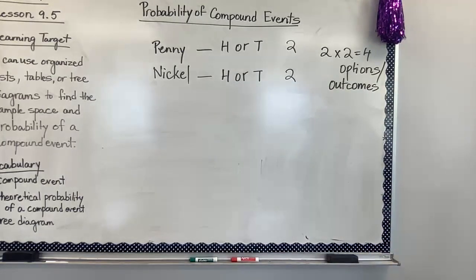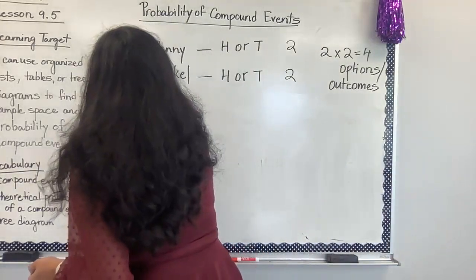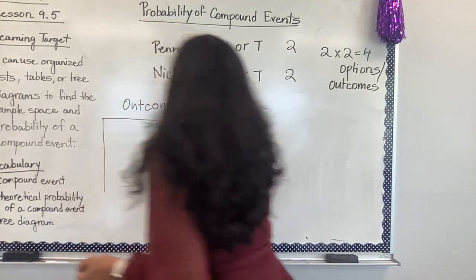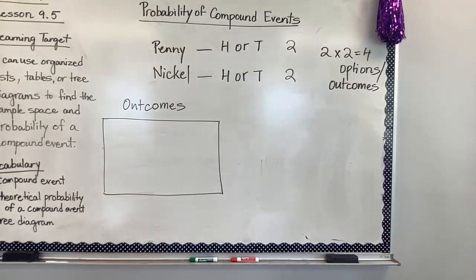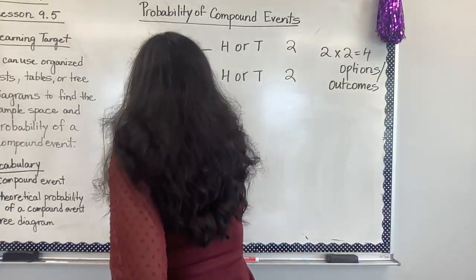Okay, so let's use an organized list really quick. So once again, I have my outcomes. Then I'm going to make the list like I had done earlier. I'm going to have penny and nickel. You can put either first, it doesn't matter.